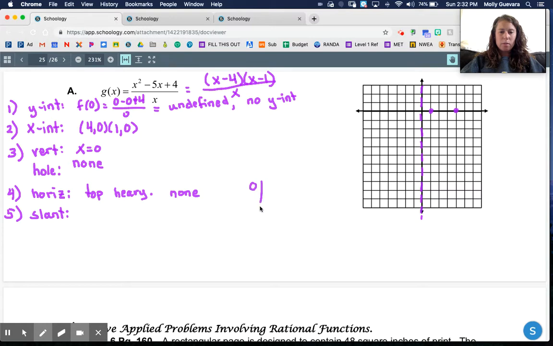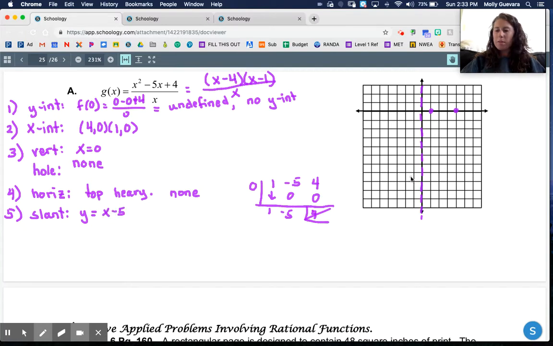So I'm going to take the coefficients of the top, and we're going to do synthetic division. So 0, and then add, and then 0, and then add, and then I get a remainder, but I don't care. So my slant asymptote is the equation y equals 1x minus 5.